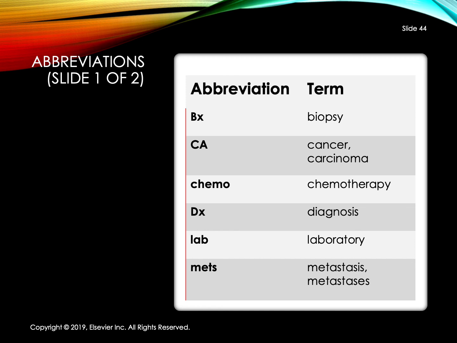DX is the abbreviation for diagnosis, whereas laboratory, a lot of times we refer to that as the lab, right? We have the Surg Tech lab, the OR lab at school, on campus. And then metastasis or metastases, which is plural, a lot of times we shorten that to METS.